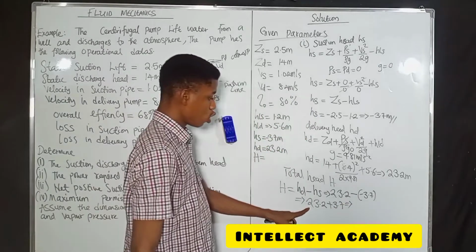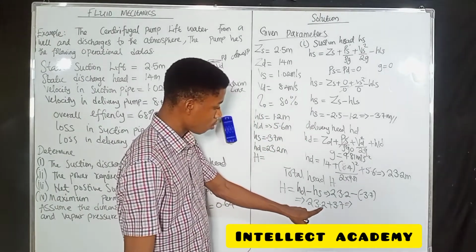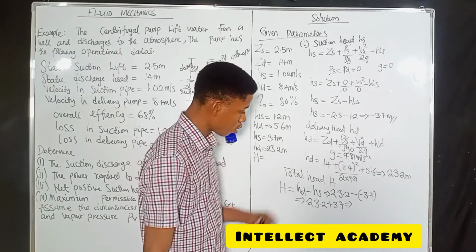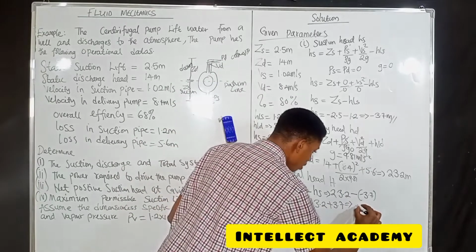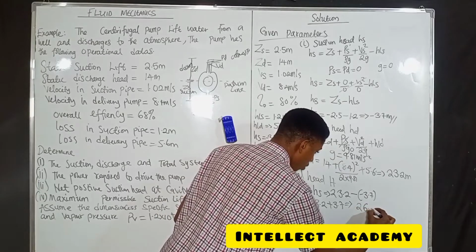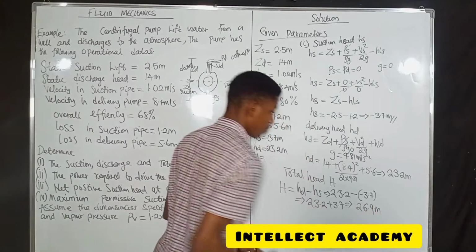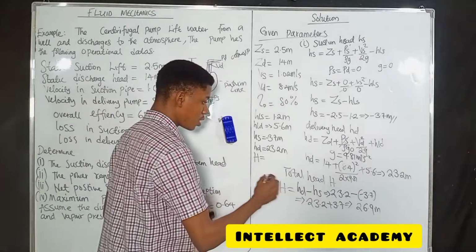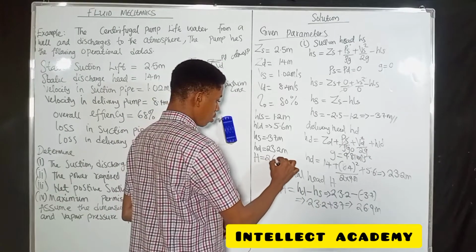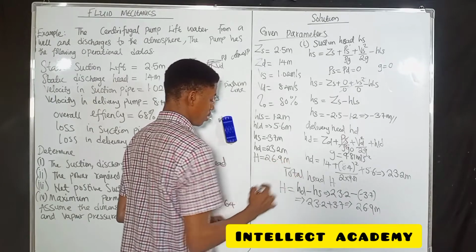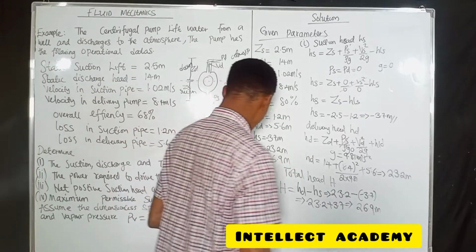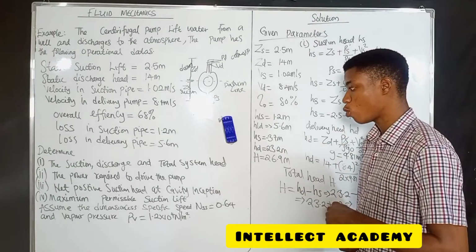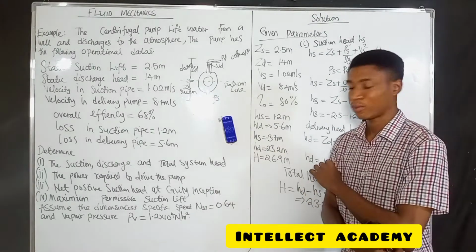So we're having 23.2 plus 3.7. This will amount to 26.9 meters. So take note that this is our total head. So our total head is given by 26.9 meters.